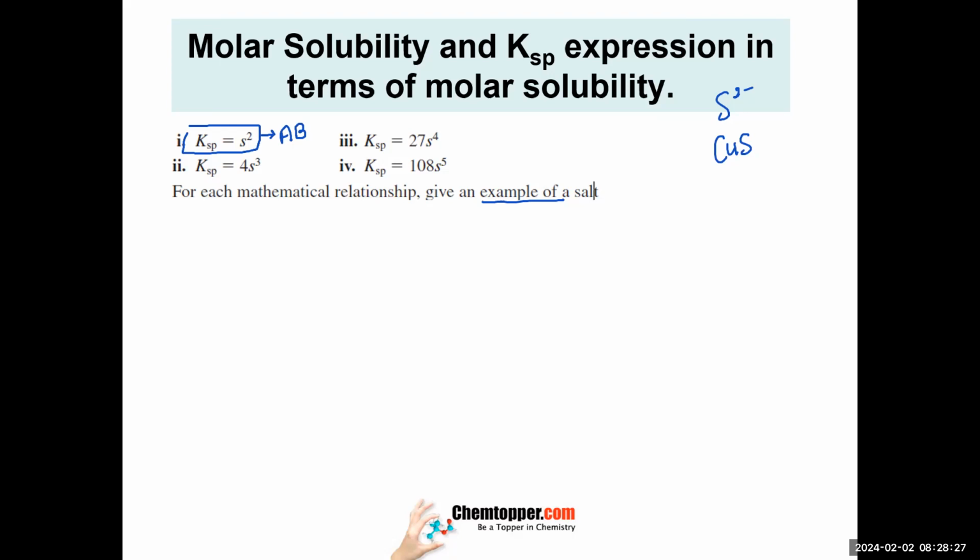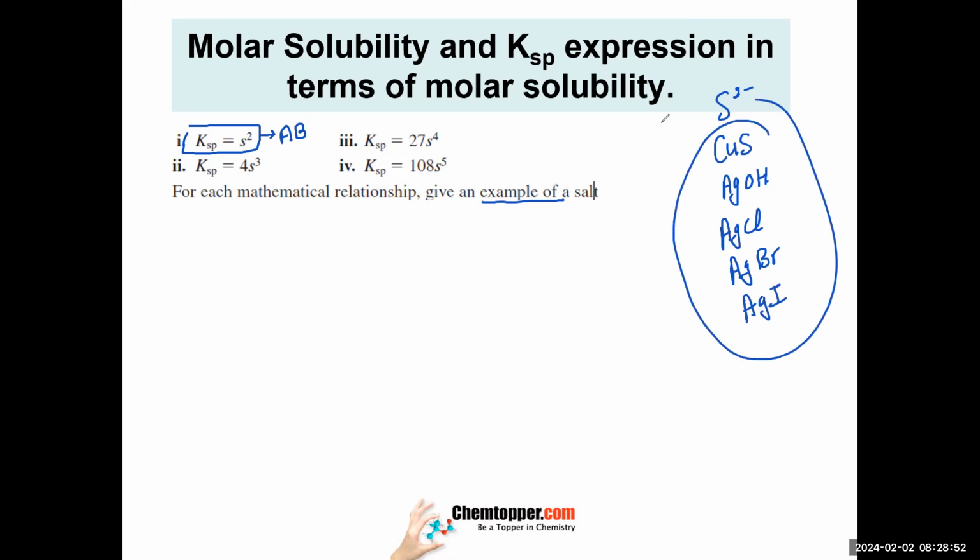Rule number 4. 5 is for hydroxides, I think. Yeah, AgOH, very good, Aditi. AgOH. Check rule number 2: AgCl, AgBr, AgI. All these are less soluble, weak electrolytes, AB type. Their Ksp is S squared.